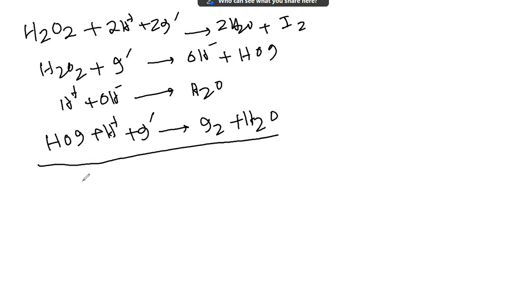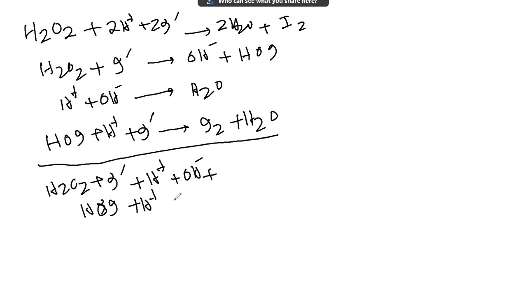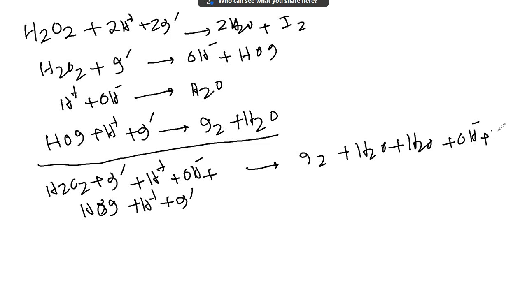Now add these 3 equations. What are you getting on adding these 3 equations? H2O2 plus I- plus H+ gives OH- plus HOI, and HOI plus H+ plus I- gives I2 plus H2O, plus H2O plus OH- plus HOI.